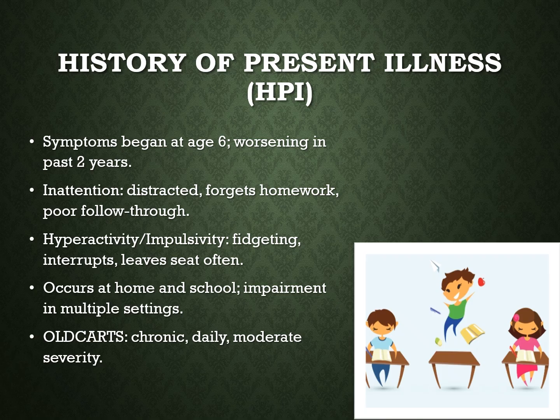His hyperactive and impulsive behaviors include constant fidgeting, interrupting his peers, and leaving his seat during class. Importantly, these symptoms occur in both home and school environments. This tells us that impairment is cross-situational, which is a key factor in ADHD diagnosis.